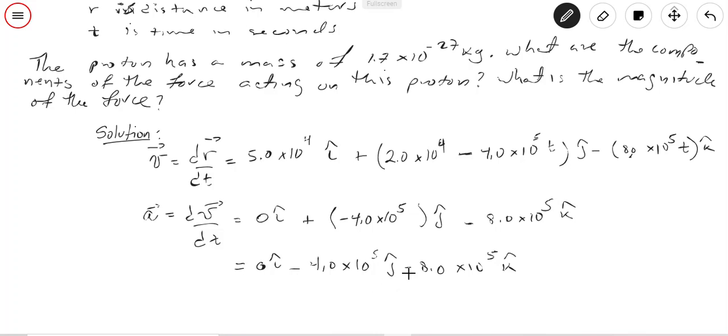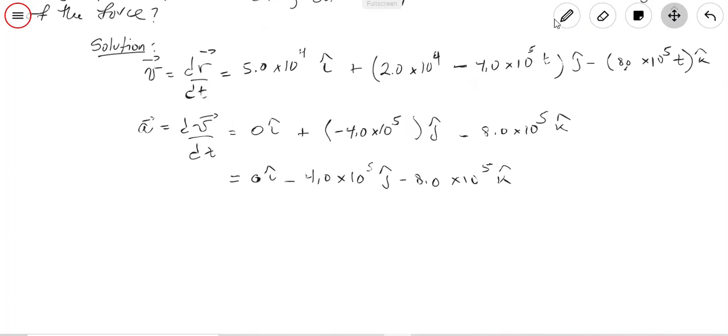Okay, so now we can find the force because they ask what are the components of the force acting on this proton. If I know the acceleration, I know Newton's second law says that the force acting is equal to the product of the mass times the acceleration.